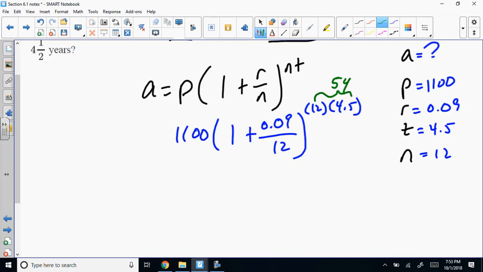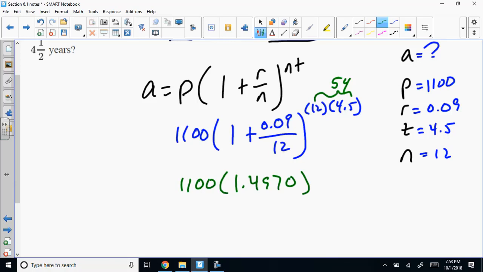All right, you ready? All this is order of operations. On your calculator, 0.09 divided by 12. Enter. Okay? We always work parentheses, right? So 0.09 divided by 12, enter. Plus 1, enter. Right? Now we're going to take that and raise it to the 54th power. Enter. And you should have something that looks like this.